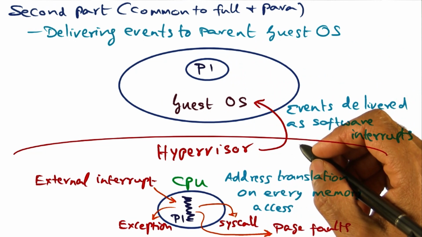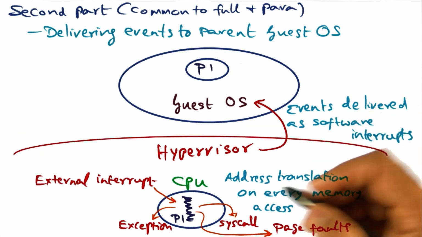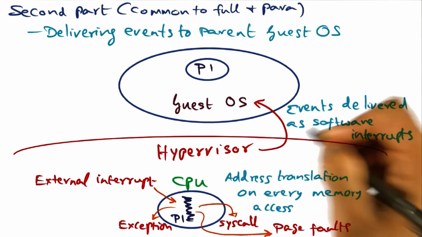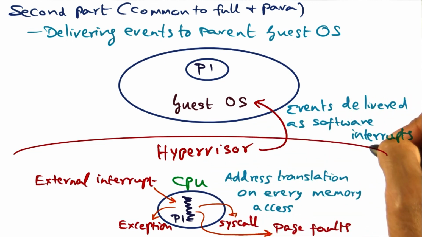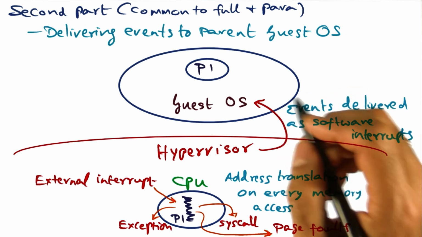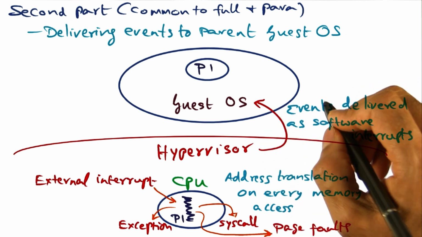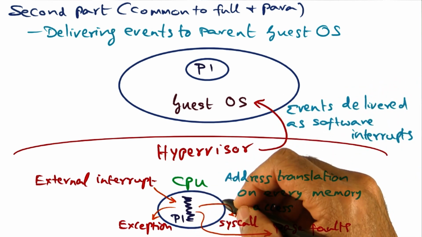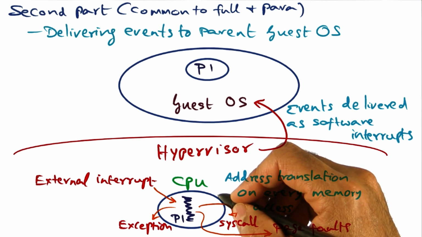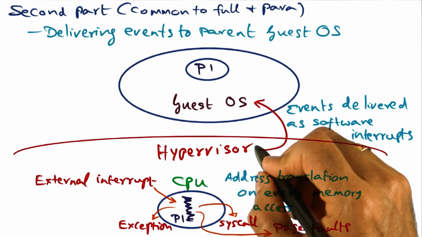Any operating system knows how to handle interrupts. So all that the hypervisor has to do is to package these events as software interrupts and pass them up to the guest operating system. There are some quirks of the architecture that may get in the way, and the hypervisor may have to deal with that.